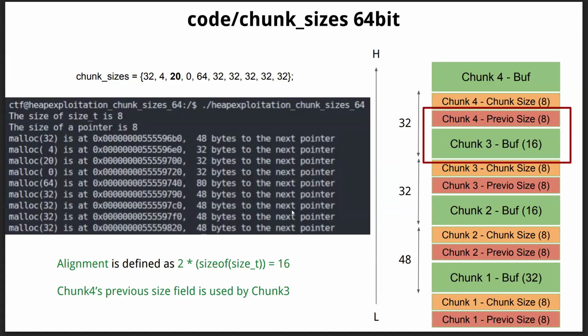From here to buffer 4, it's 32 bytes. However, the metadata of chunk 4 is 16 bytes, 2 fields, right? So the buffer technically here is only 16 bytes. But we ask for 20 bytes. Right? Why would this work? It's because this previous size field, that 8 bytes, is not really used. There's no special meaning of that anymore. That's why this chunk can grow into the next chunk.